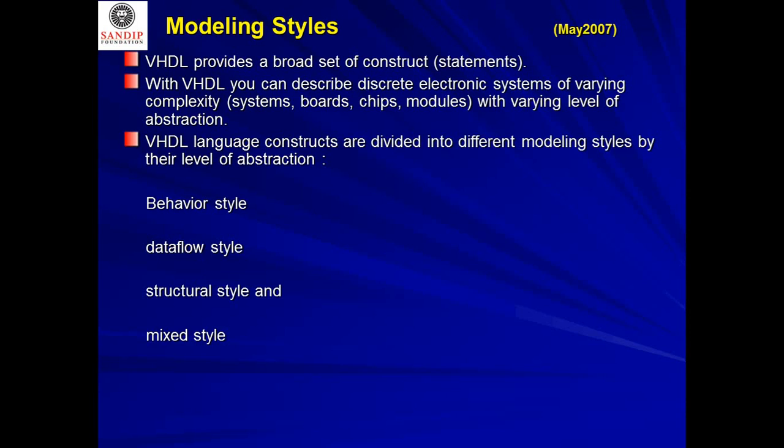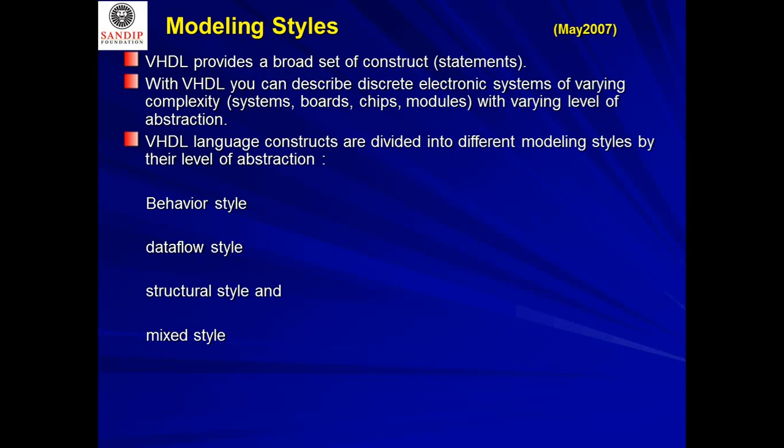Now let's see how we can describe the operation of any electronic circuit for that entity using different styles. VHDL provides a broad set of constructs or statements to describe the operation. With VHDL, you can describe discrete operation of electronic systems of varying complexity, like systems, boards, chips, modules, with varying levels of abstraction.